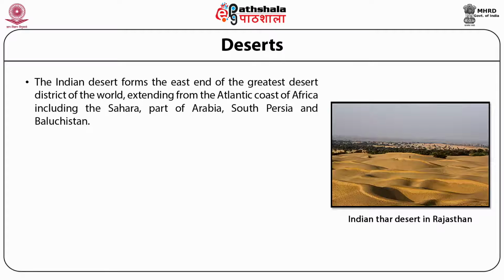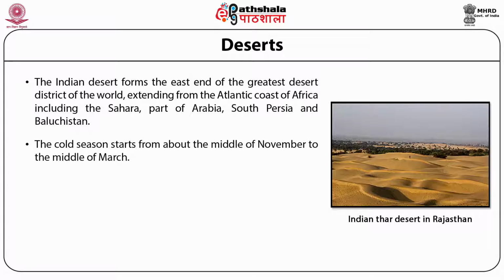The climate of this region is characterized by excessive drought, the rainfall being scanty and irregular. The winter rain of northern India rarely penetrates into the region, and there is thus only one rainy season. The cold season starts from about the middle of November to the middle of March.